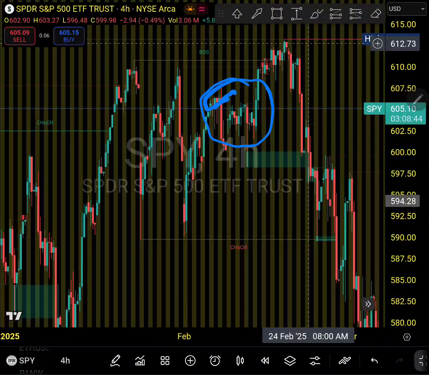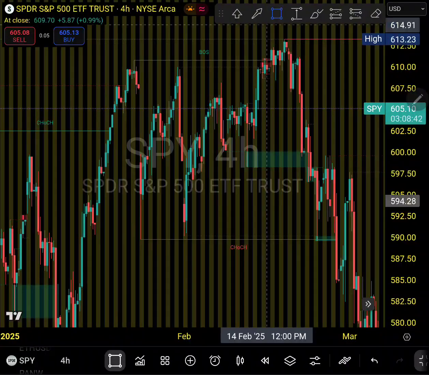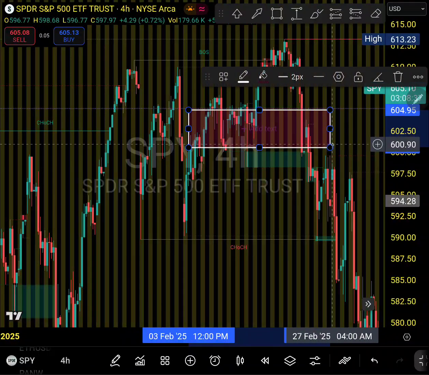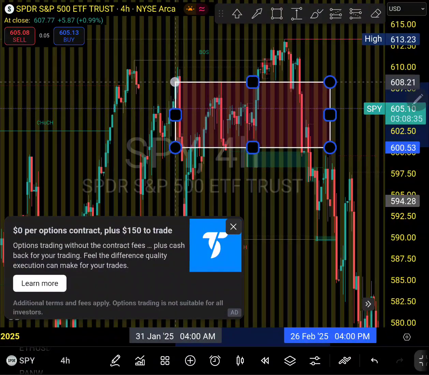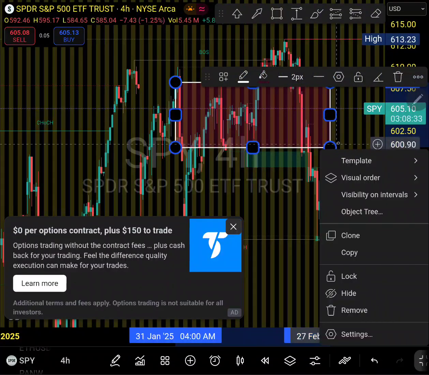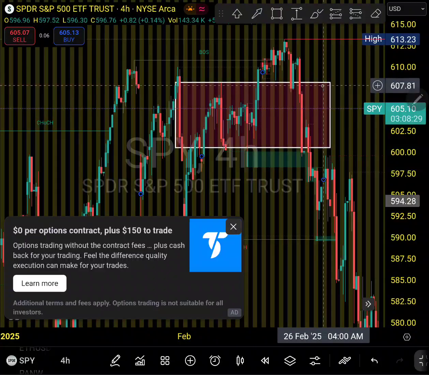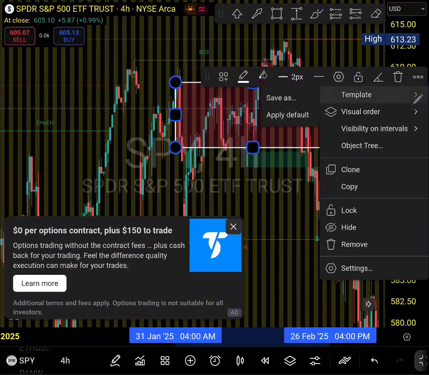This consolidation starts from 600 to 608, and then here we started to see some selling.